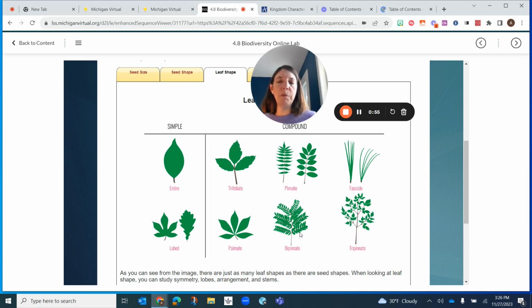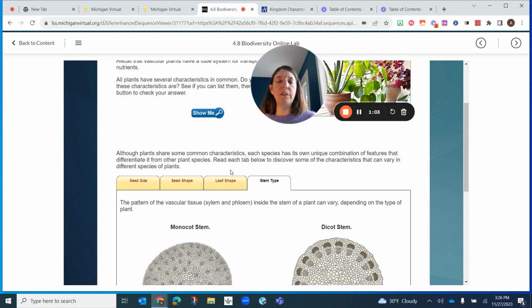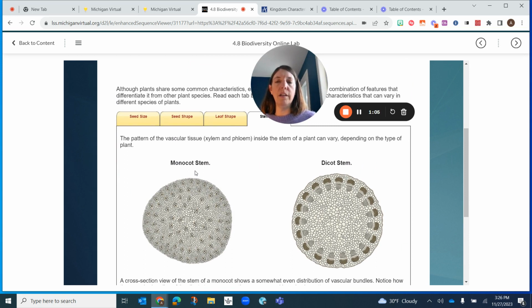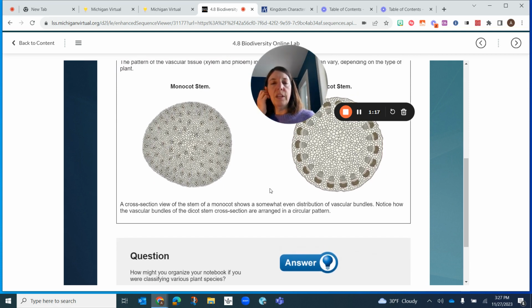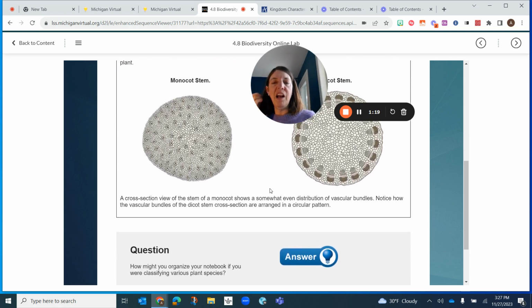And sometimes people talk about lobed versus entire. And then we also have whether it's a monocot or dicot, and you're going to be looking at the stem. That's a cross section of the stem. And when it's nicely organized the way it is here, that is a dicot. Okay, so those are the vascular bundles that you're looking at there.